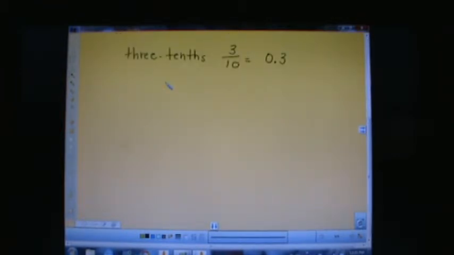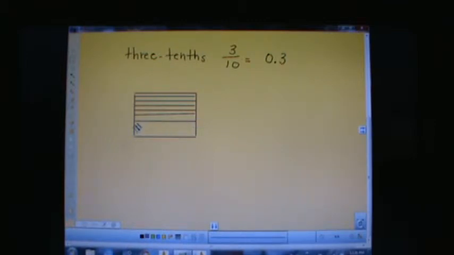If I were to draw a shape, and as you can see, it is not even at all.